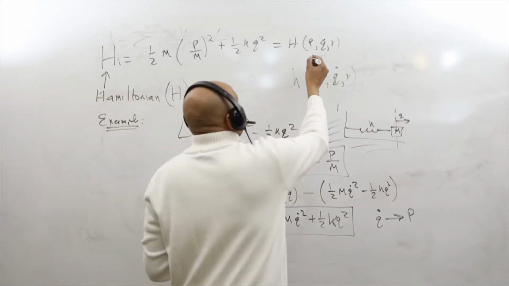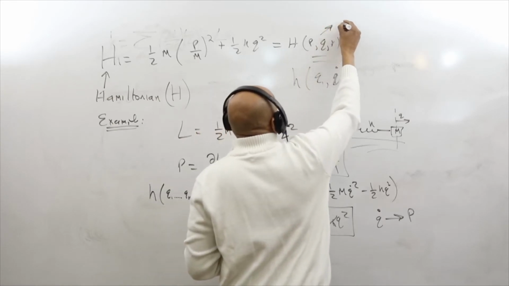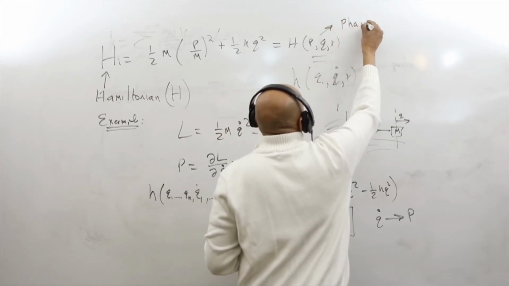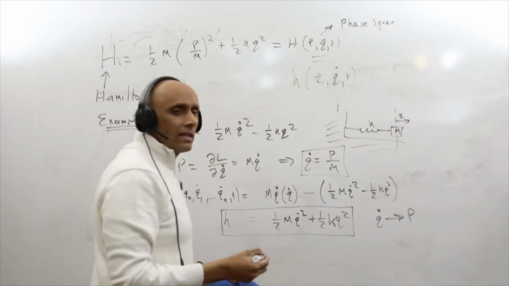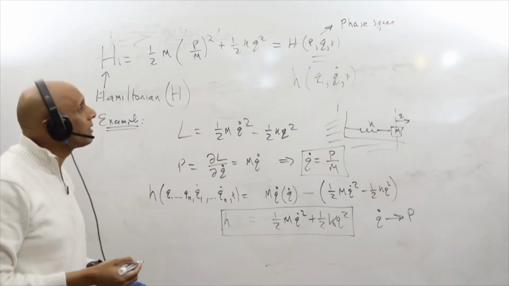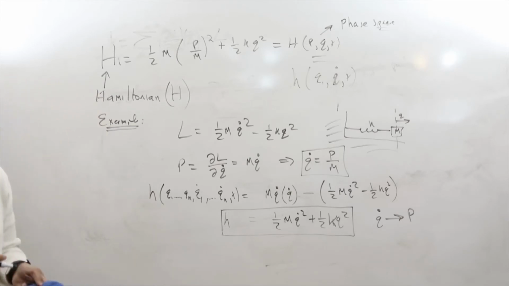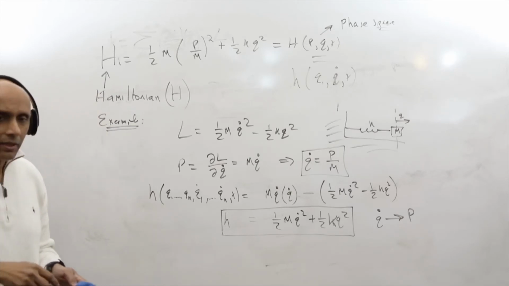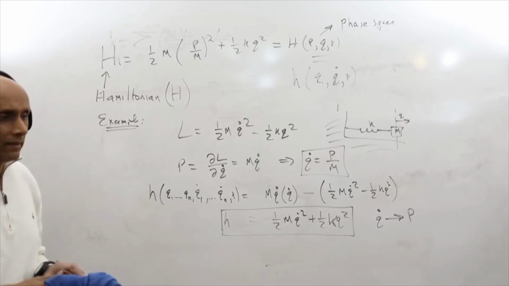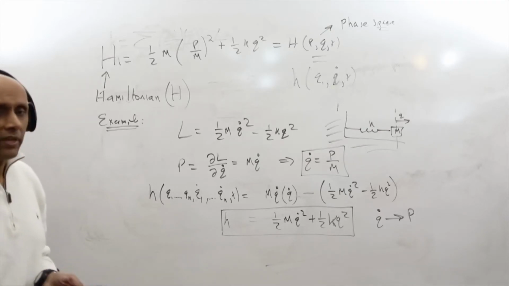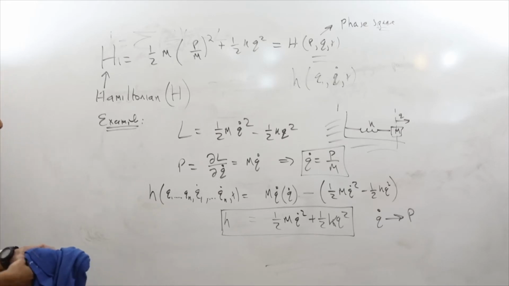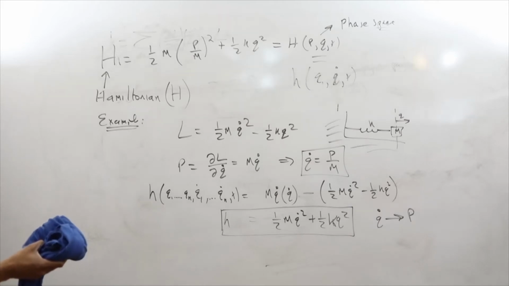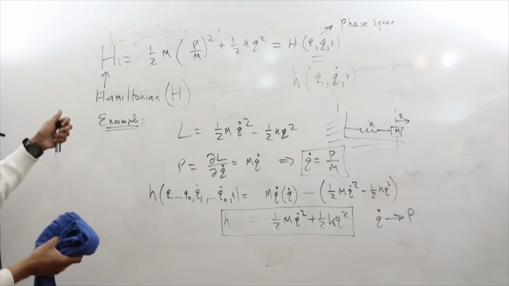These coordinates of p's and q's are sometimes referred to as phase space. I'll probably make another video on that because there's a big discussion we have to go over in terms of conservation of phase space, motion in phase space, what's happening to systems of particles in phase space, and what it means when we derive the Hamilton equations of motion. But this is called the h function.